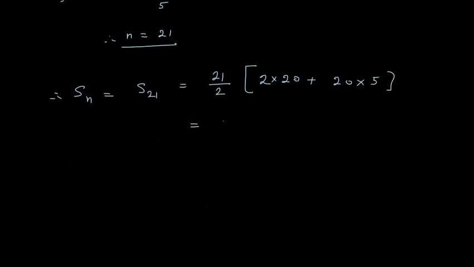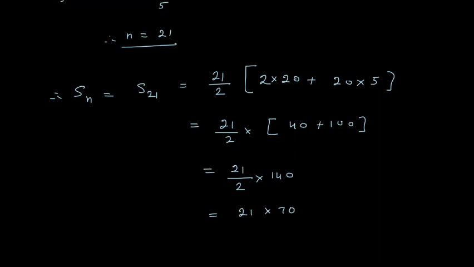So it is 21 divided by 2 multiplied by 40 plus 100. So this is 21 divided by 2 multiplied by 140. So this is 21 multiplied by 70. 7 1s are 7, 7 2s are 14, 1470. It is the value of the sum of n terms.